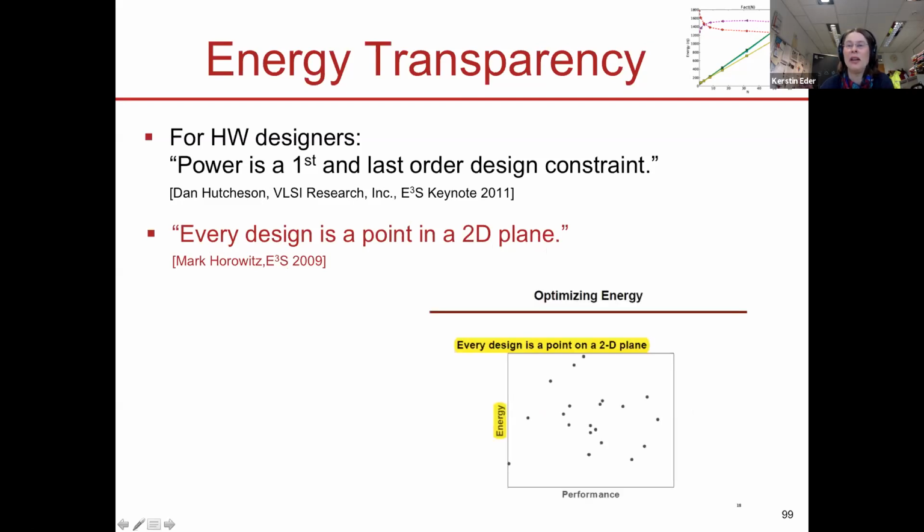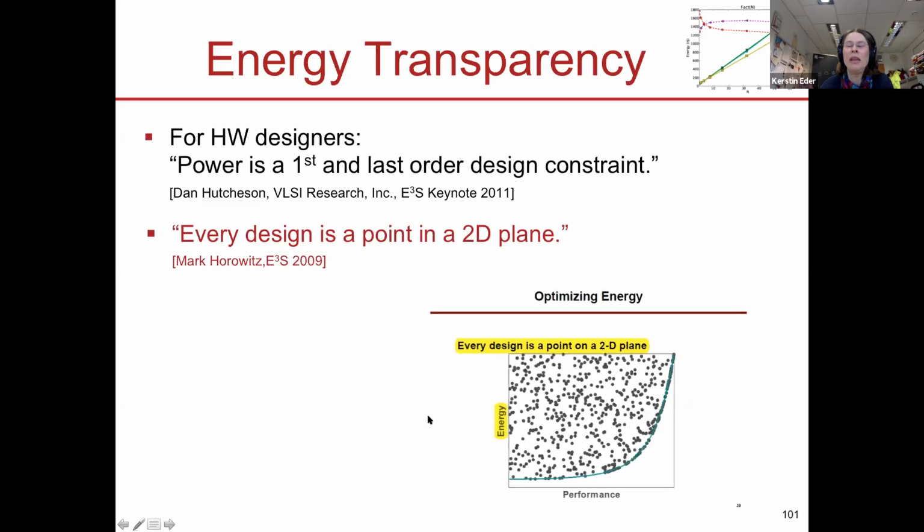He said every design is a point in a 2D plane, and you can then optimize energy, right? Energy versus performance, and you can even see that there might be a frontier along which you find the most optimal solutions. The problem is this is available to hardware developers, but as a software developer, you don't have that at the moment. There is nothing there that you can look at with confidence and know that you've picked the right algorithm, that it does fit well with the hardware, that you haven't overlooked an option, and in particular, there are no tools available that help you do this.